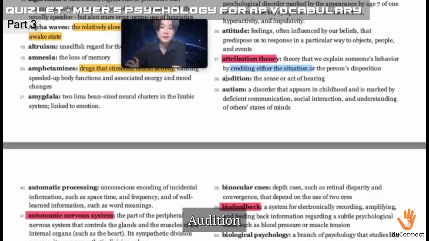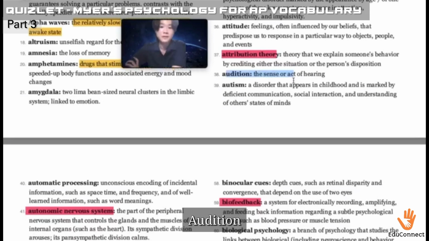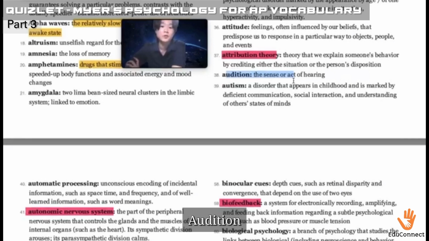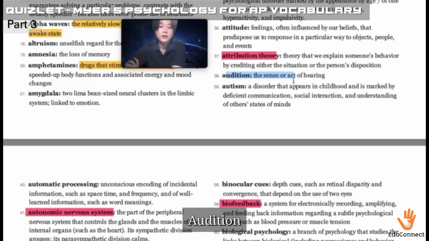And audition is the sense or act of hearing. Audition. So when you apply for your school musical or school play, it goes through an audition, right? And although that audition and this version of audition is not really the same word, it's easier for you to memorize what audition means in AP psychology terms, because when you're applying for a drama production, you're letting the director know that you're really acting and you're really speaking in a voice that the director can hear, right?